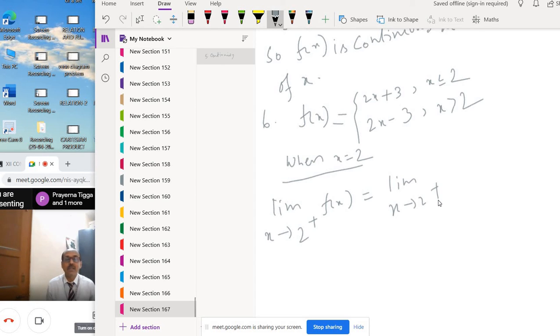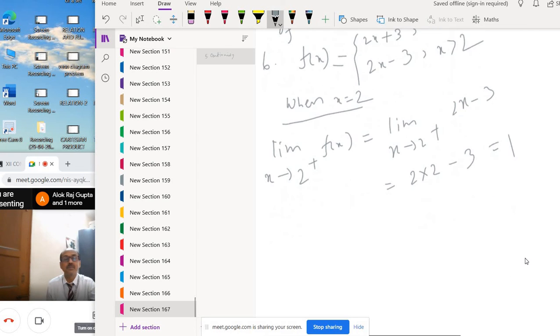So when greater than 2, that is 2 plus, the function is 2x minus 3. Calculate the value: 2 into 2, because x tends to 2, minus 3. So 4 minus 3 is 1. That is when 2 plus. Now find the value when 2 minus.